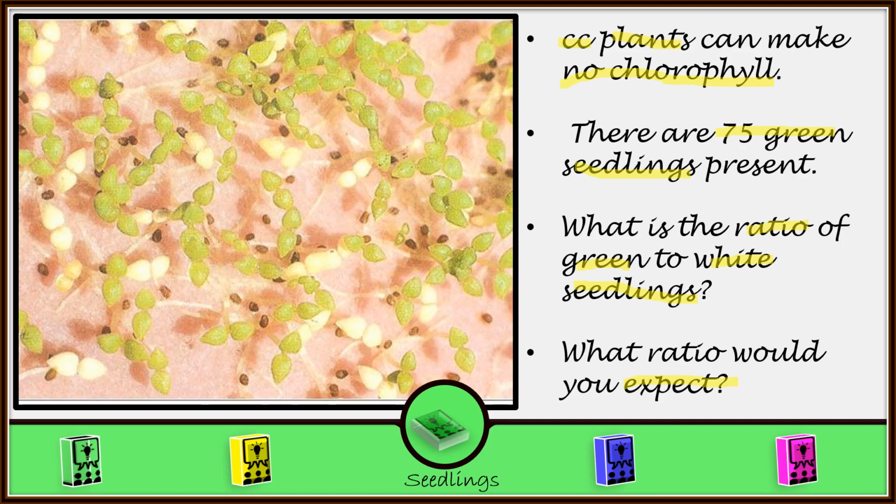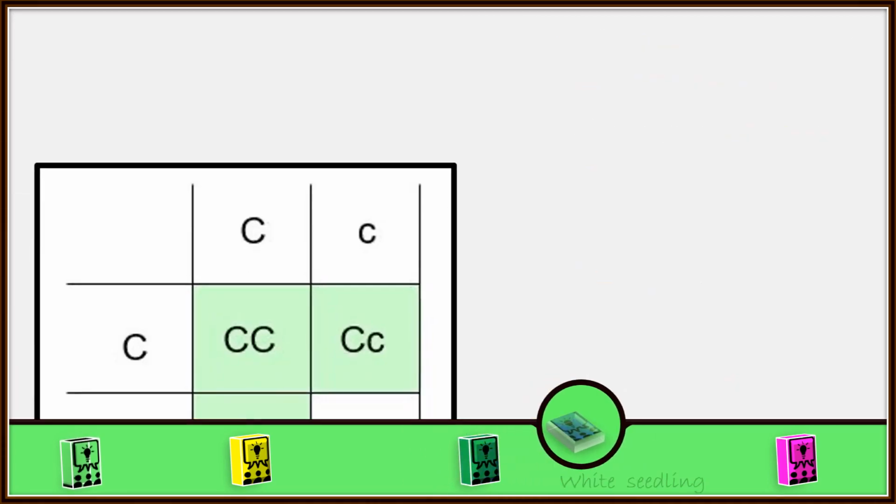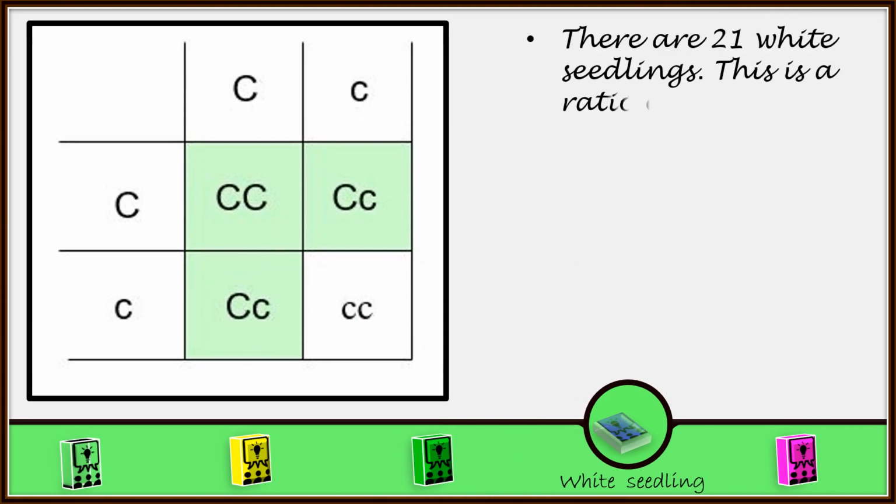The ones which are green and the ones which are yellow or white. There are 21 white seedlings. This is a ratio of 75 to 21, or 3.57 to 1. That is the ratio.